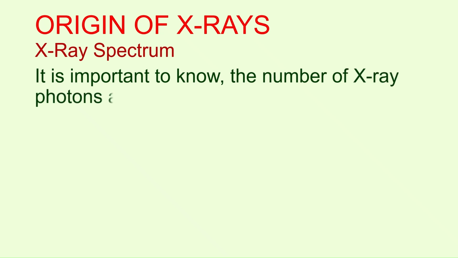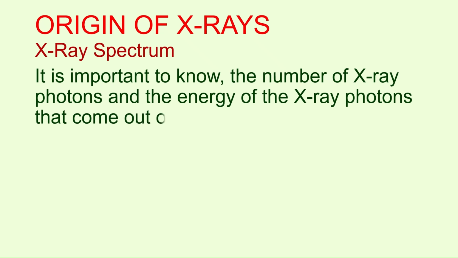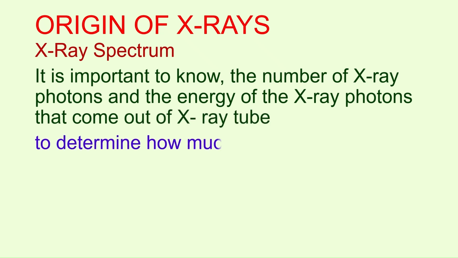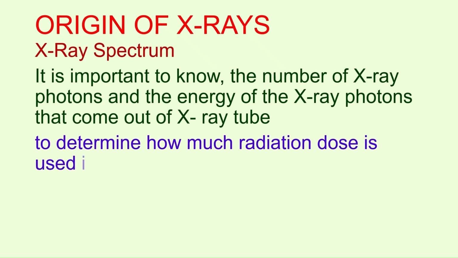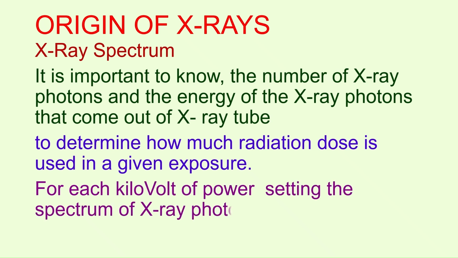Coming back to the X-ray spectrum, it is important to know the number of X-ray photons and the energy of the X-ray photons that come out of the X-ray tube to determine how much radiation dose is used in a given exposure. For each kilovolt of power setting, the spectrum of X-ray photons was studied.